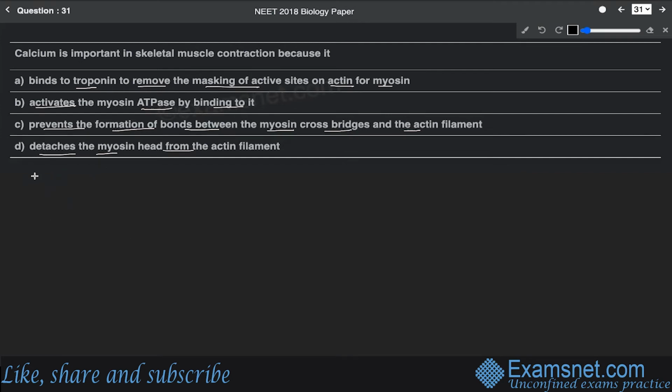So let us go ahead with the explanation first, and then we'll come to the options.